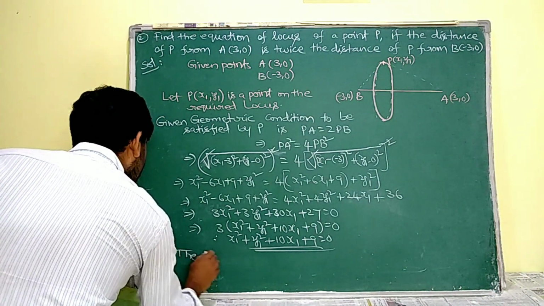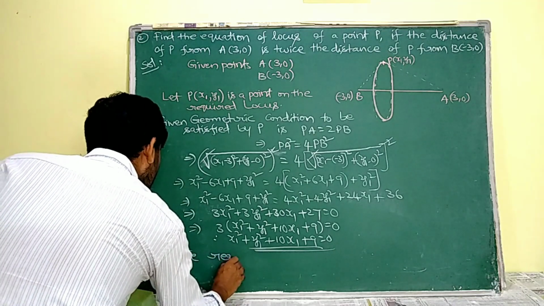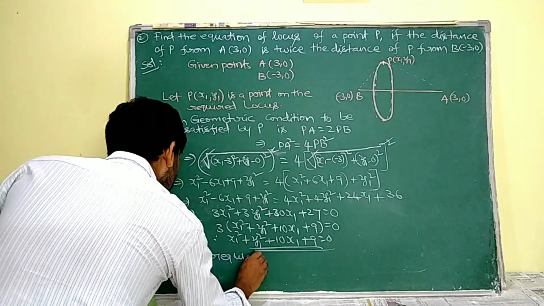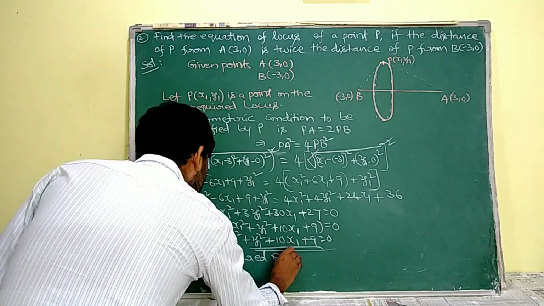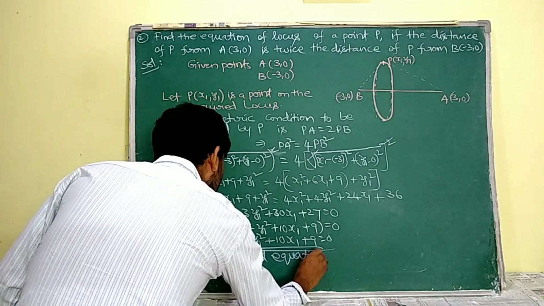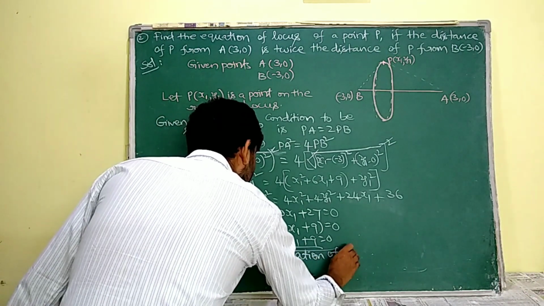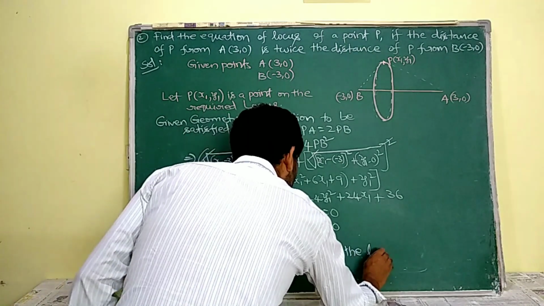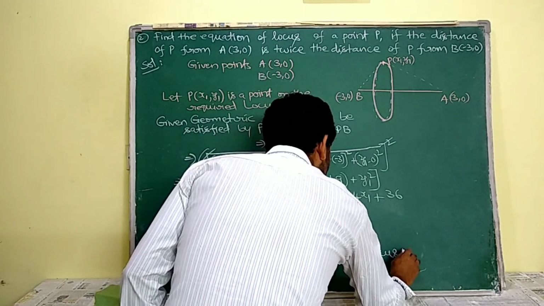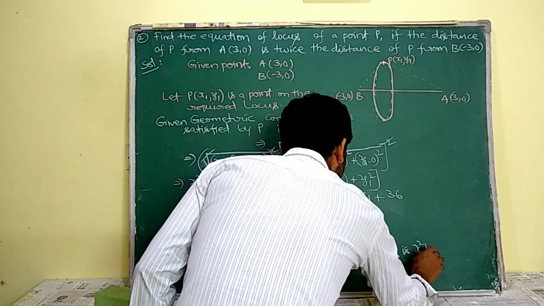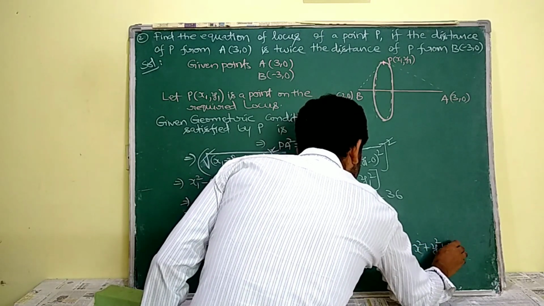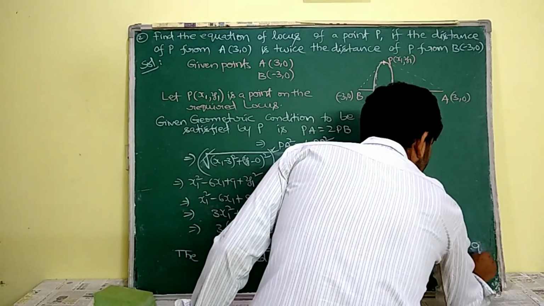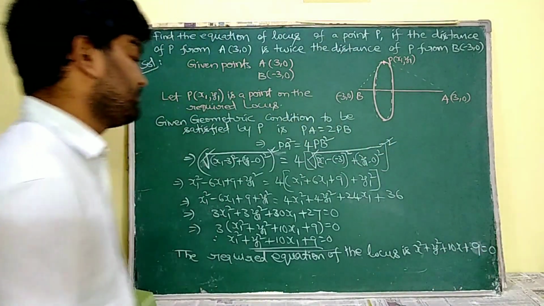Therefore, the required equation of the locus is x square plus y square plus 10x plus 9 is equal to 0.